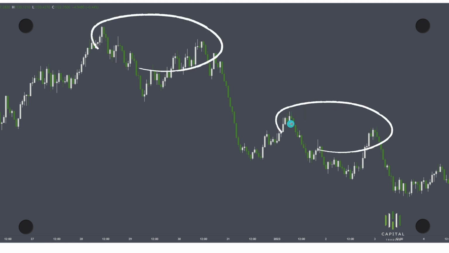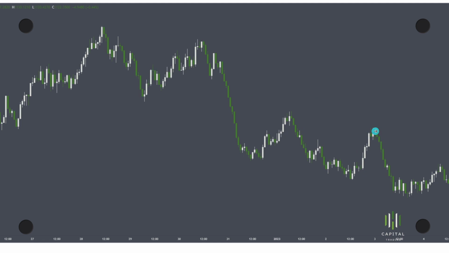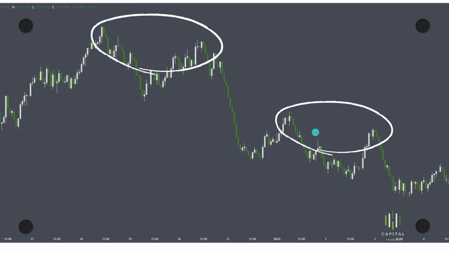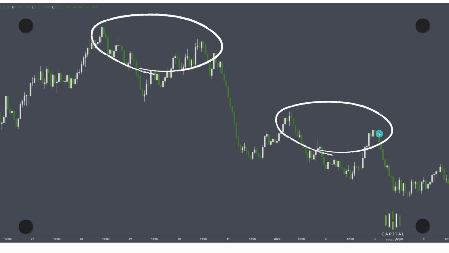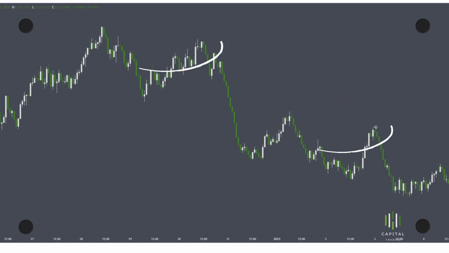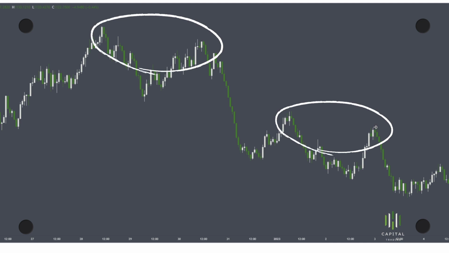Price did come here and they went down to validate this order block, and they came back at a later stage. So what we do is immediately when price does that, we look for shorts, or we look to sell price when it comes back to these order blocks. So this is how you utilize order blocks to find entries in the marketplace.